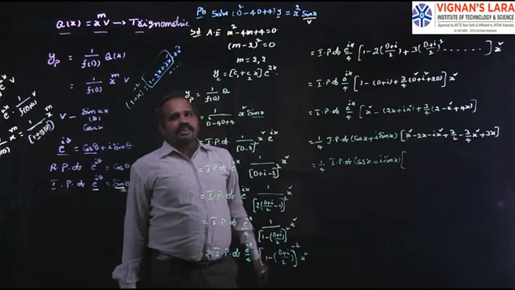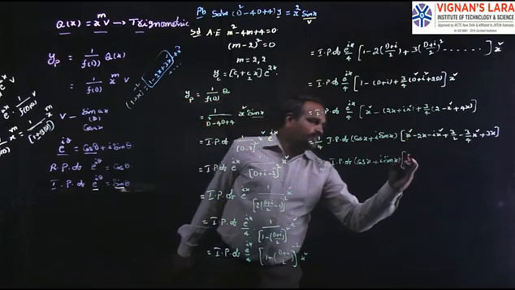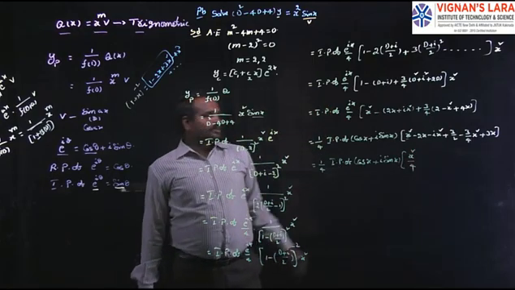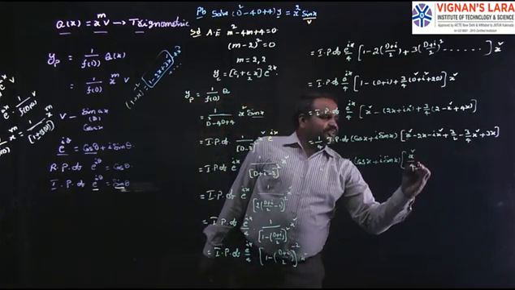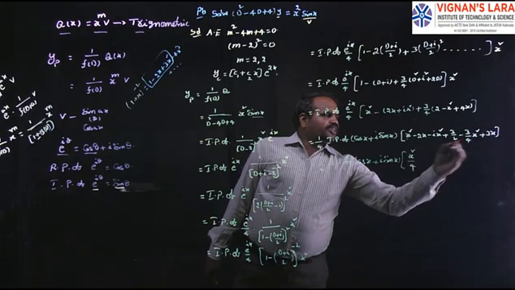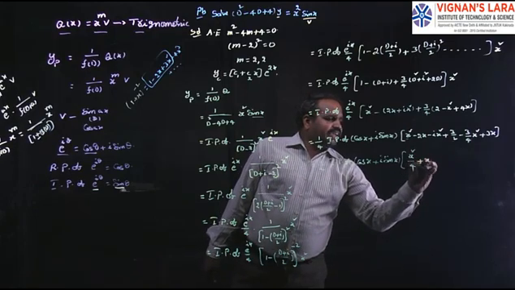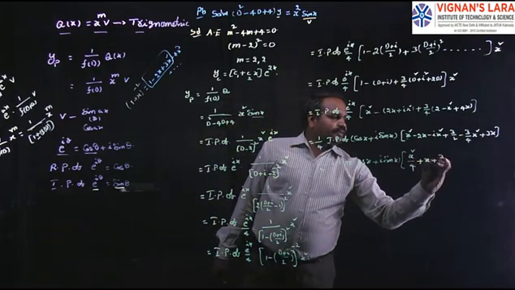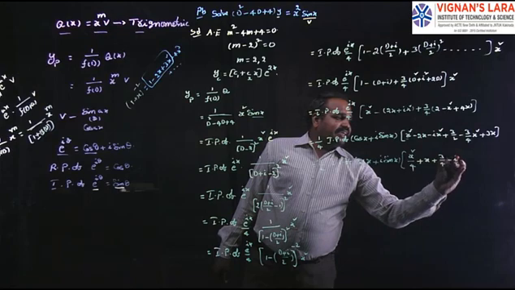So take out common x square, 1 minus 3 by 4, which is nothing but 1 by 4. So this is x square by 4. 3x minus 2x value is plus x. Constant value plus 3 by 4 minus i into x square.